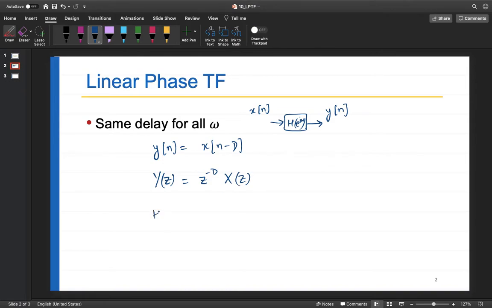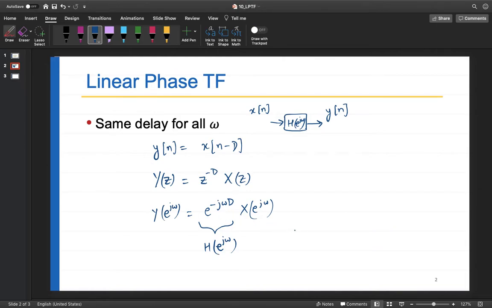Or if you want to take the frequency response, Y(e^(jω)) is simply e^(-jωD) X(e^(jω)), right? So what do we see here? This is my transfer function, or H(e^(jω)), my system.